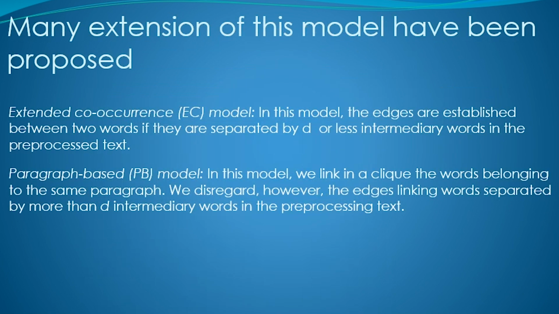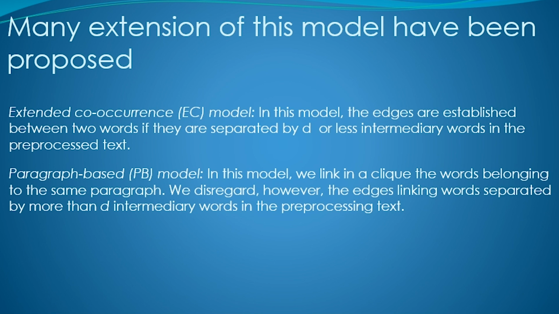Many extensions exist. In extended co-occurrence, the edges are established between two words if they are separated by D or fewer intermediary words in the pre-processed text. Then in the paragraph-based model, we link in a clique the words belonging to the same paragraph. What's a clique? All vertices are connected to all other vertices.